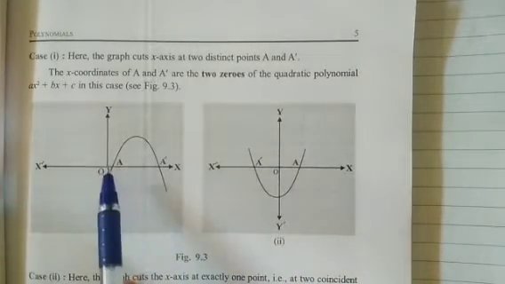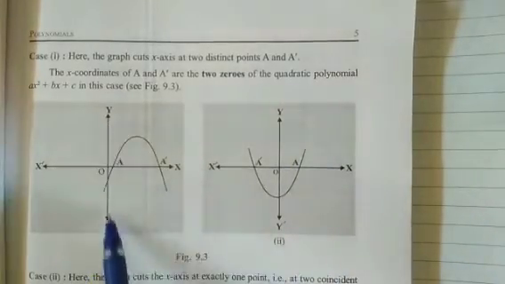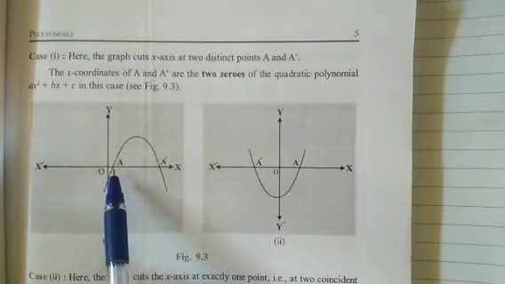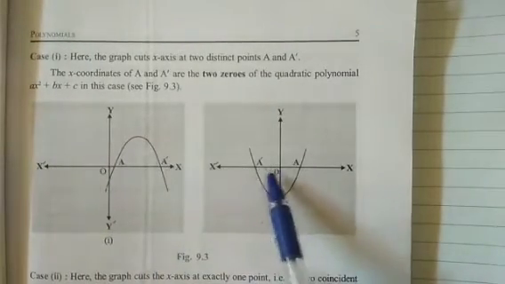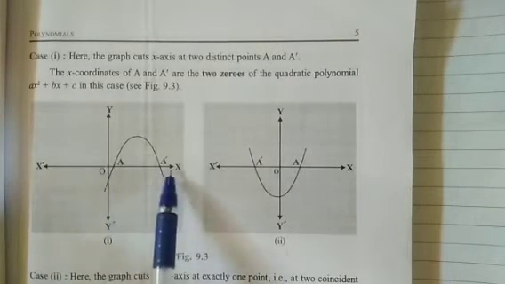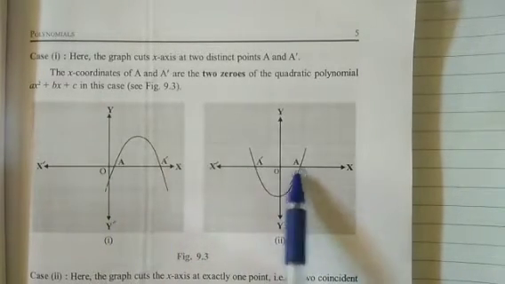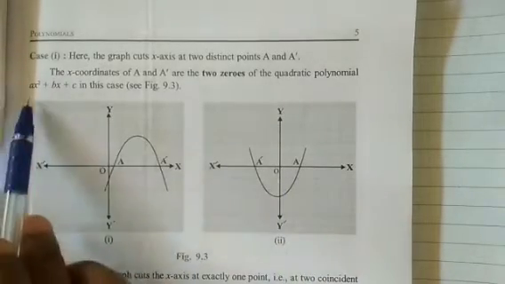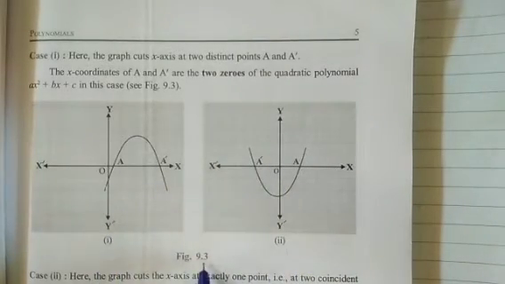The graph cuts the x-axis at 2 distinct points A dash and A. The x coordinates of A and A dash are the 2 zeros of the quadratic polynomial ax square plus bx plus c in this case of figure 9.3.